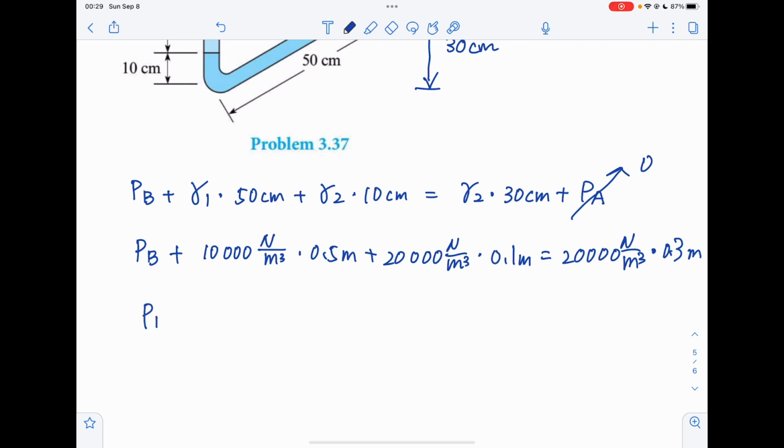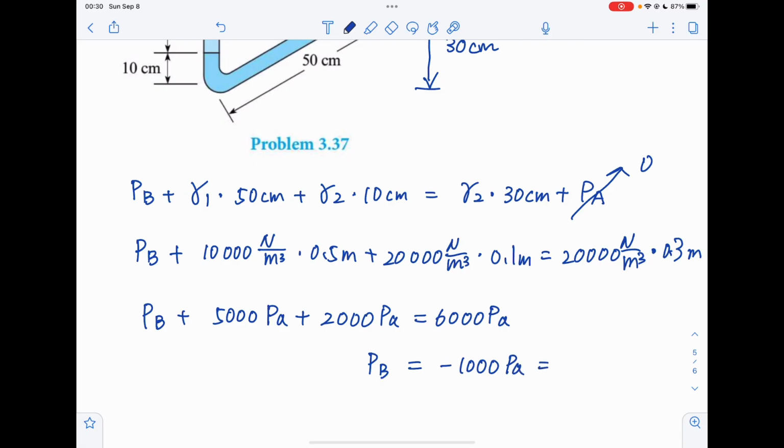So PB plus 5,000 Pascal plus 2,000 Pascal equals 6,000 Pascal here. So PB here is negative 1,000 Pascal, which is minus 1 kPa.